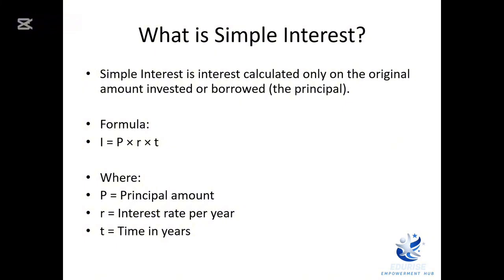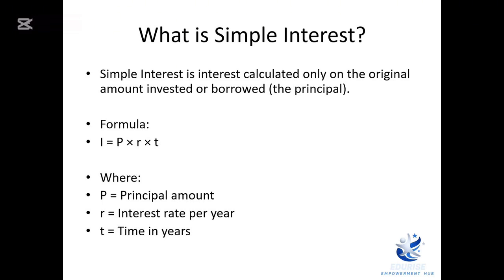So when you see the words simple interest, the first thing that should come into your mind is I equals P multiplied by R multiplied by T, where P is the principal amount, or the original amount invested or borrowed, and R is the interest rate per year.